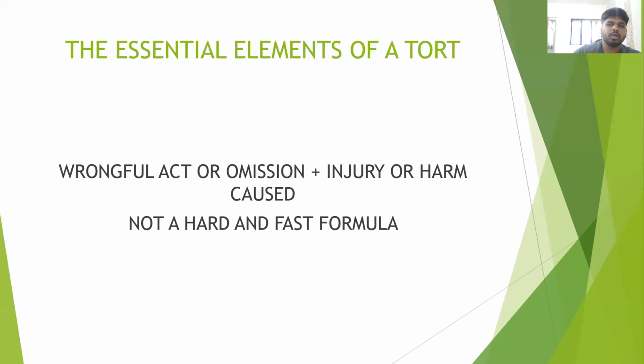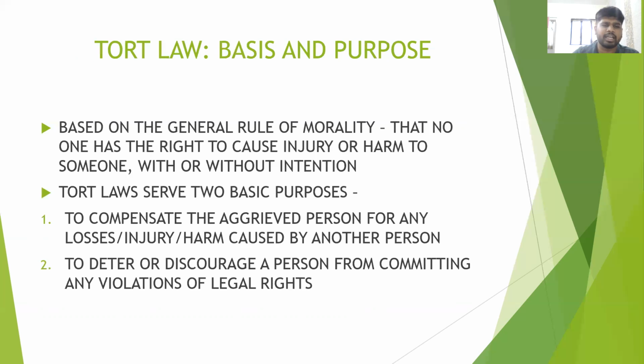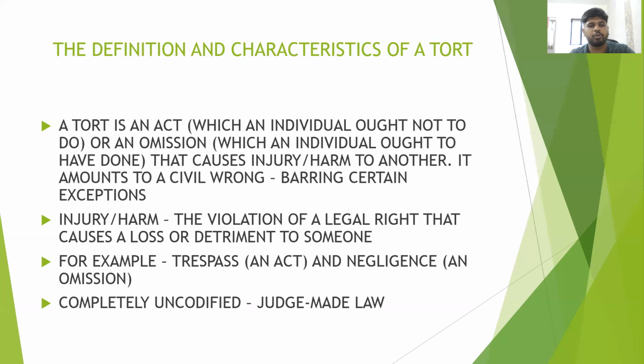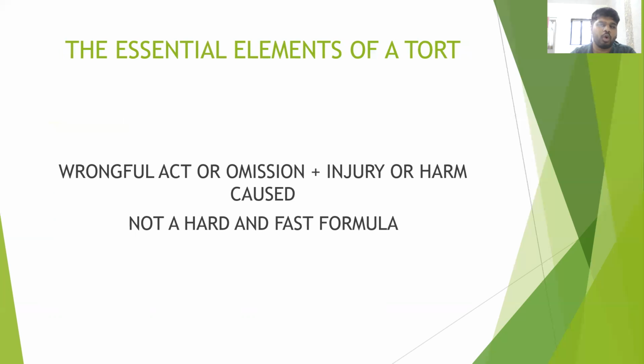Moving on, we look at the essential elements of a tort. As we discussed in the definition before, it is an act or an omission that causes injury or harm to another. What should be the essential elements based on this? Firstly, a wrongful act or an omission, and secondly, an injury or harm caused to another individual.